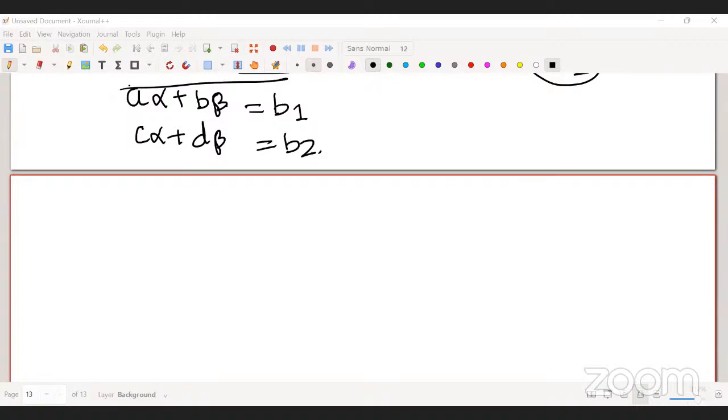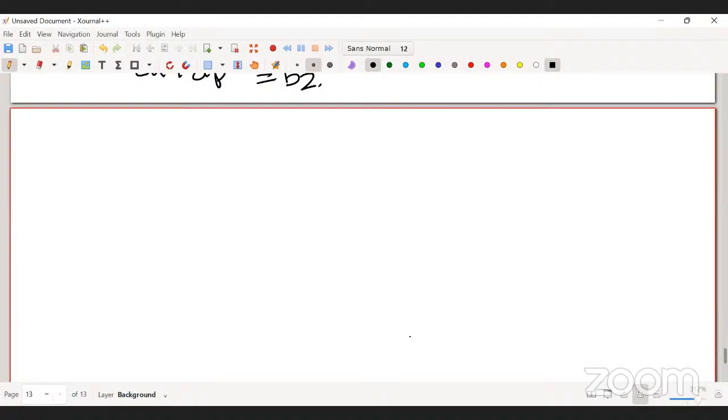Sir, in the second matrix, I get the 2 raised to power 10 common, but I didn't get the 10 in the second matrix, where it comes from. No, you multiply A 10 times. So this is your matrix, right? 2, 2, 0, 2. This is the matrix? Yes, sir.